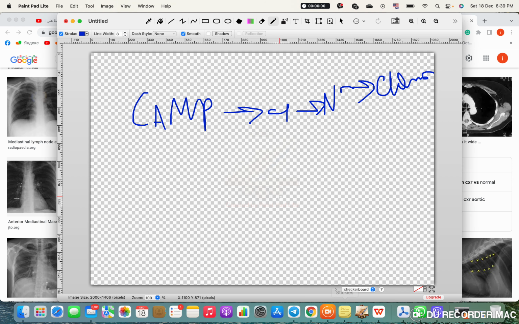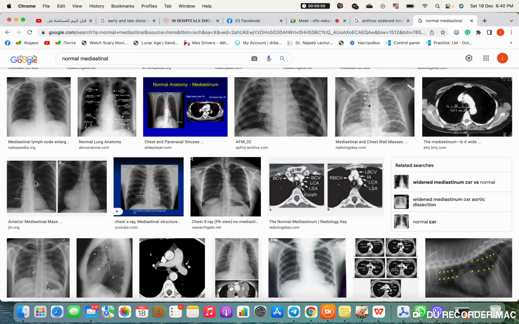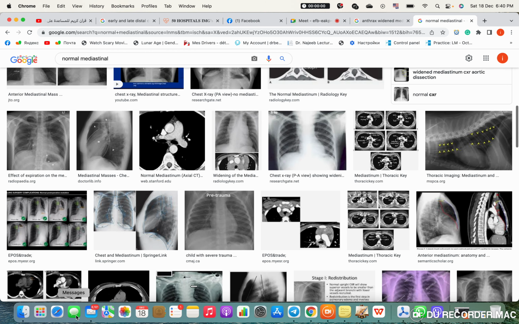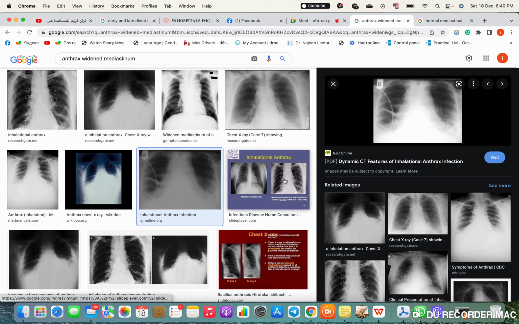So if we imagine that we have our left lung here, right lung here, the area in between these two structures, we call it the mediastinum. So it is something like this. Yeah, this will be the mediastinum. It has some portions that I don't want you to know about. I will ask you about them later. So again, these patients will have widened mediastinum.